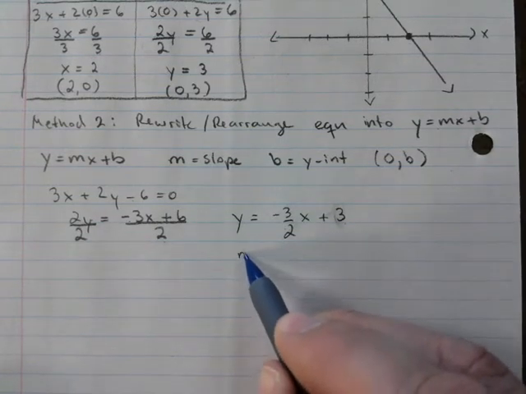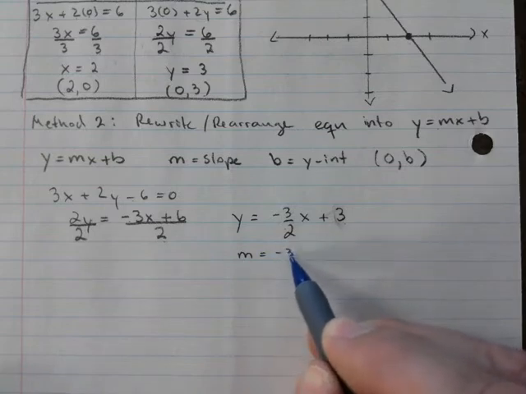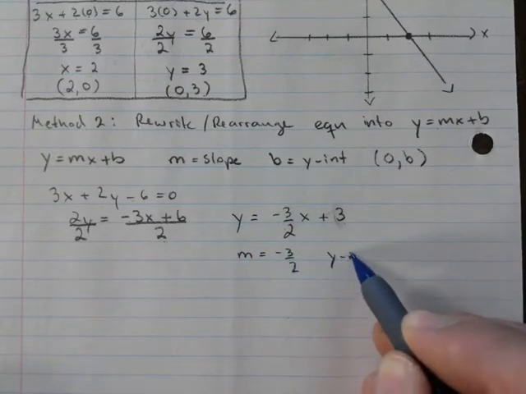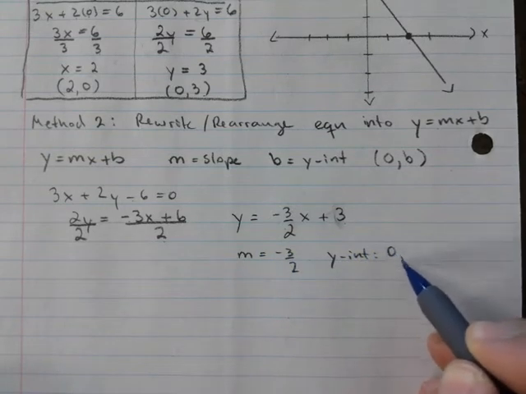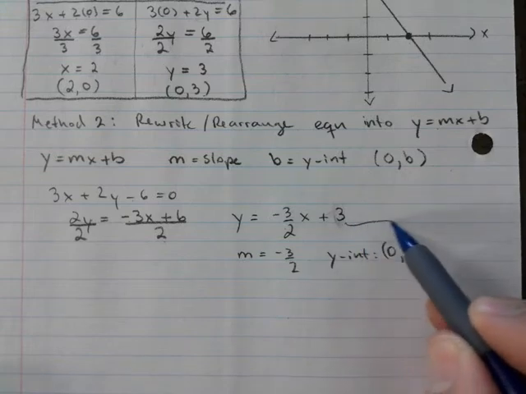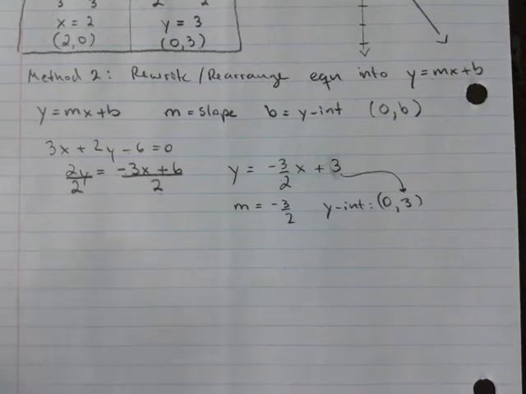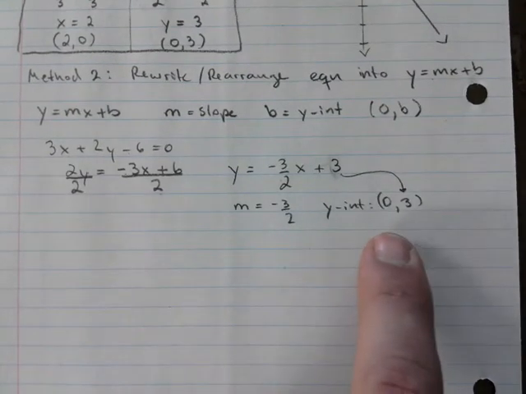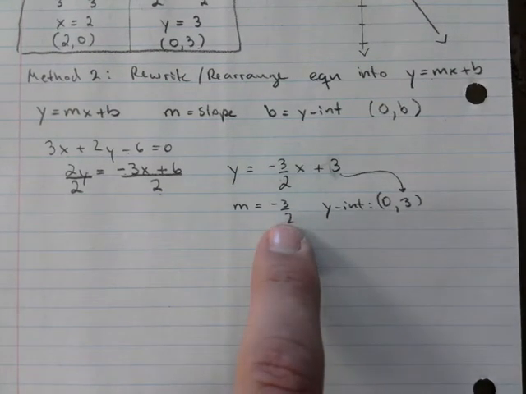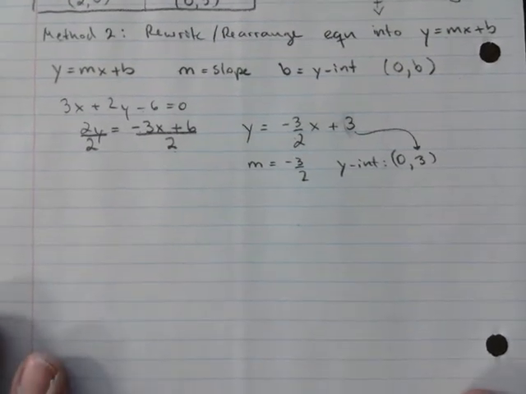So my slope is negative 3 over 2, and the y-intercept is 0, 3, which comes straight from here. Okay? And so basically you use your slope, right? You start here and then you use your slope to find more points on that graph. And I'm not going to use the one above.